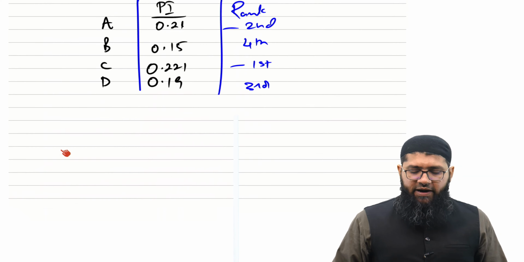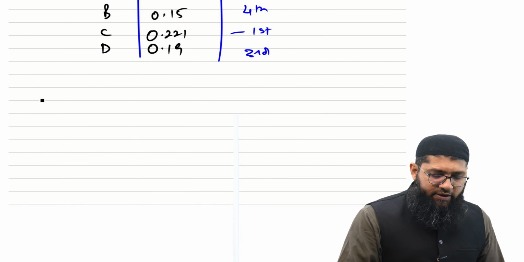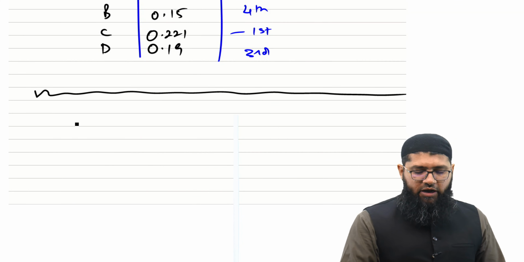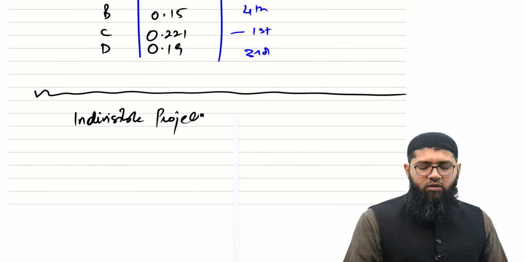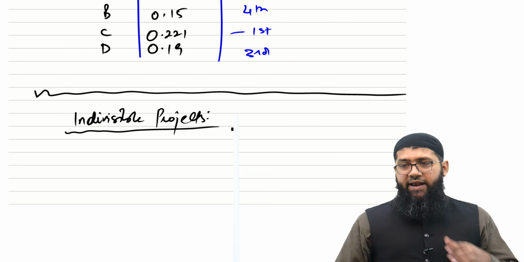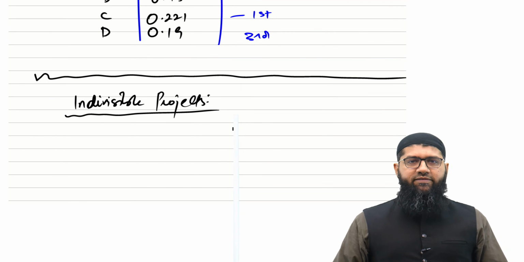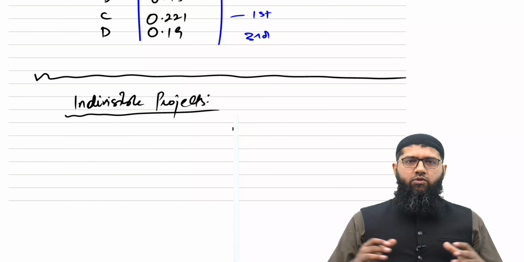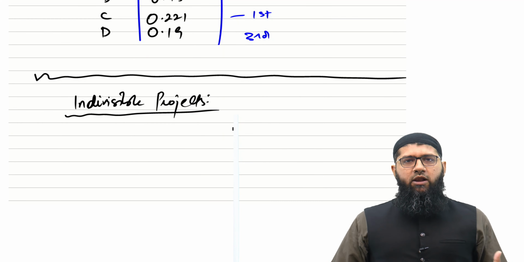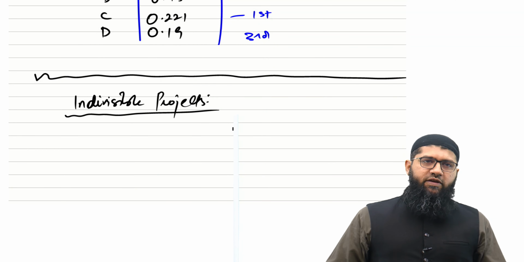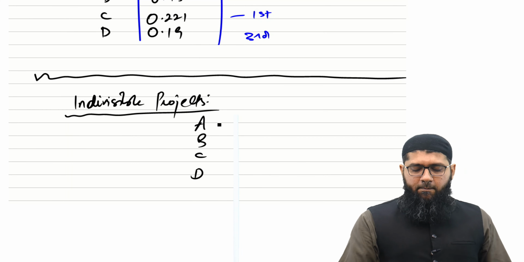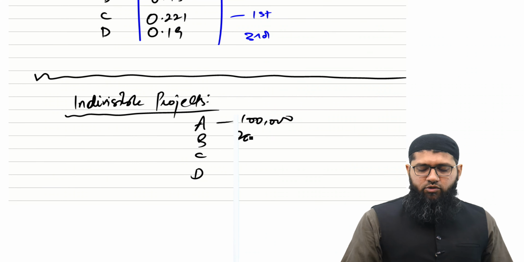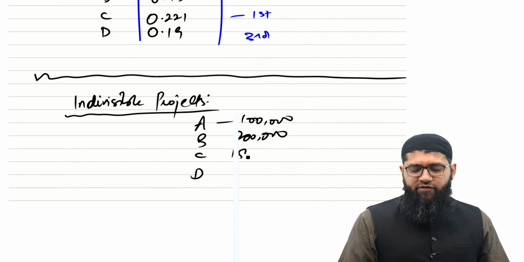Now if I move a bit forward, when we talk about indivisible projects, you allocate the resources in a manner such that there is a trial and error that you do. Like there are projects A, B, C, D, and you need 100,000 for one, 200,000 for another, 150,000 for another, 250,000 for another, let's say.